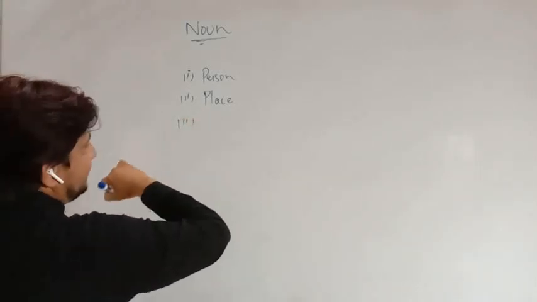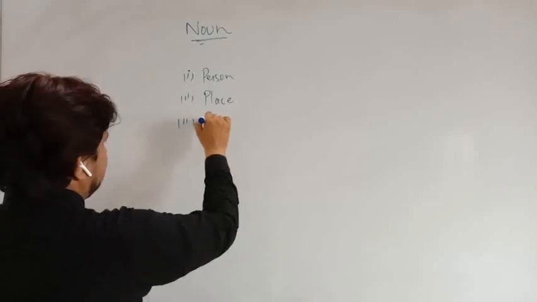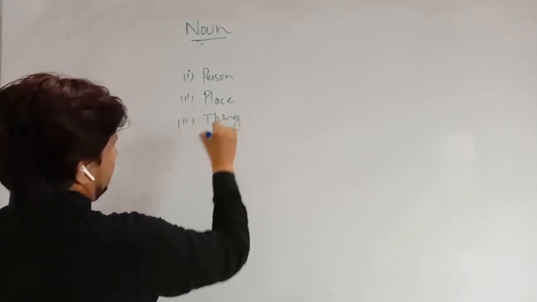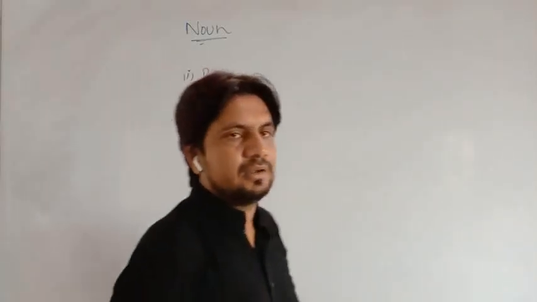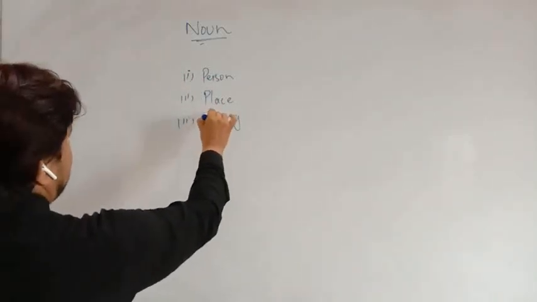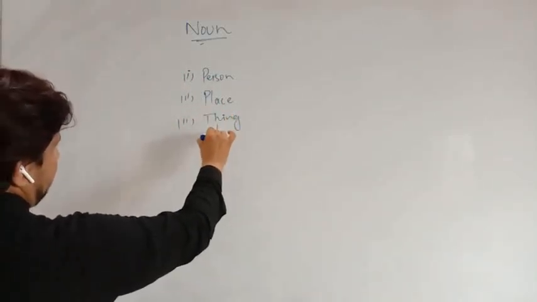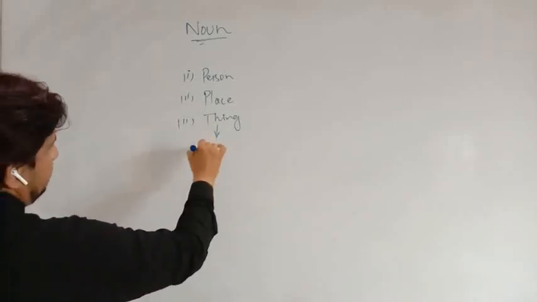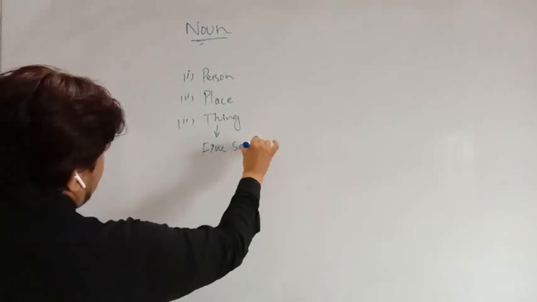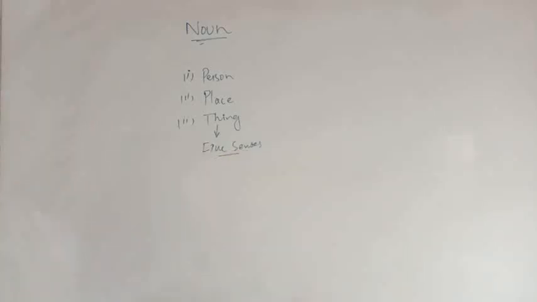And the third one is an interesting category. It is known as the name of a thing. What is a thing? There are 5 senses.